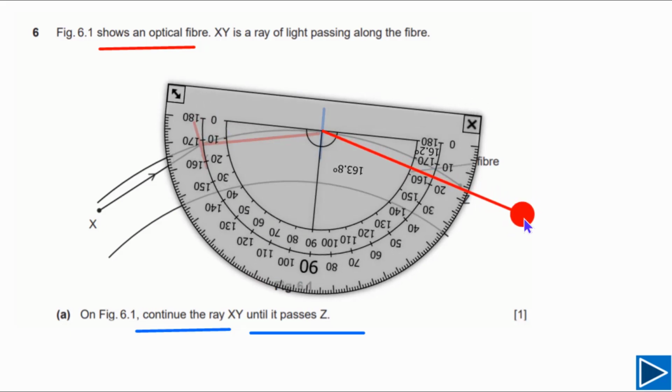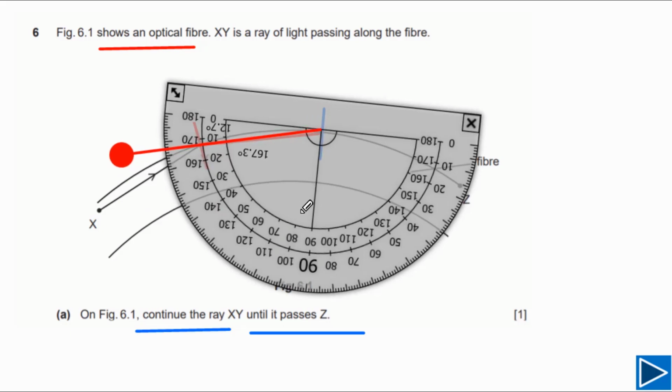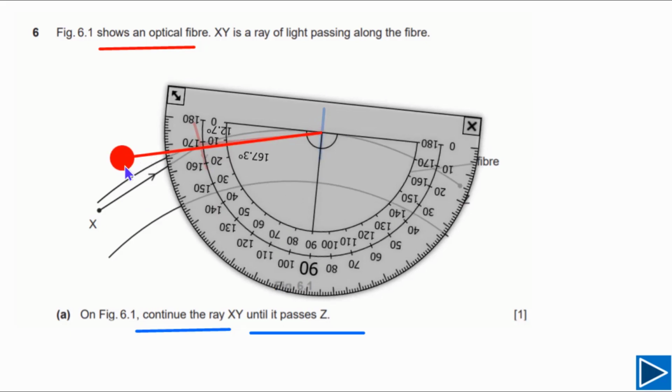We need to find out the angle of incidence. In this case, the angle of incidence is about 167, so we can place it like this. This is about 168. So the angle of reflection also has to be about 168.